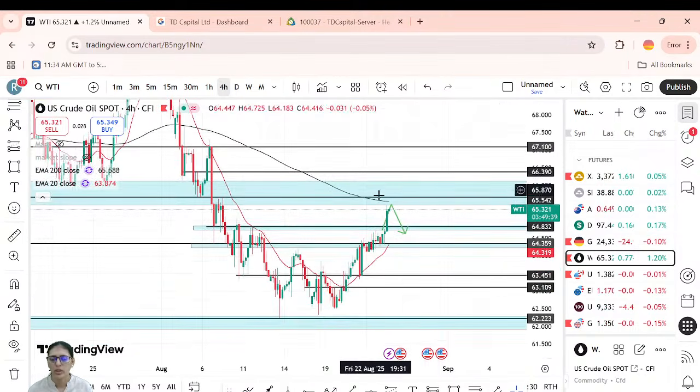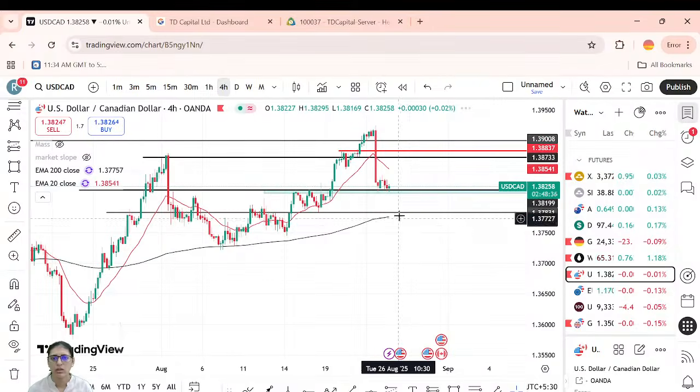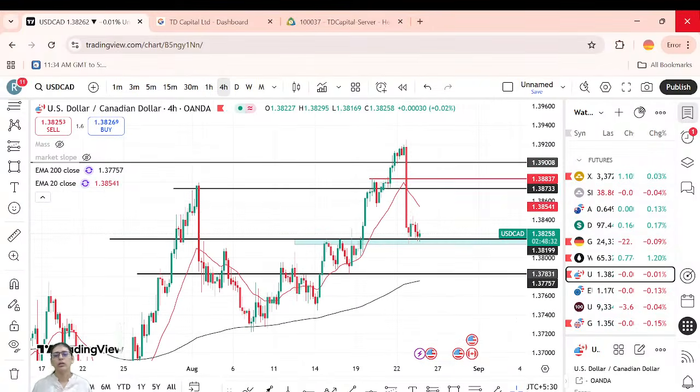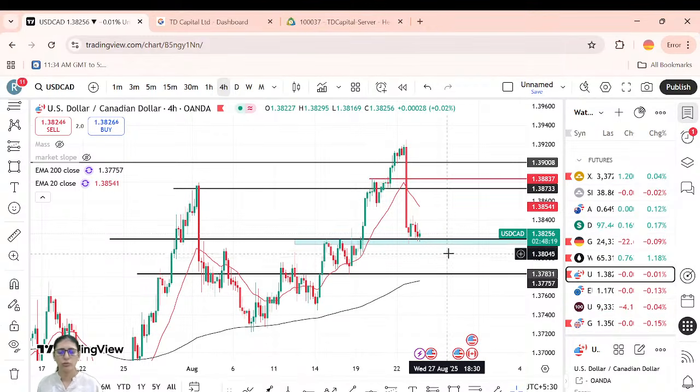Don't go bearish in WTI if you see a fall in USD CAD. I hope I'm clear. Don't go bearish in WTI if you see a bearish move in USD CAD.